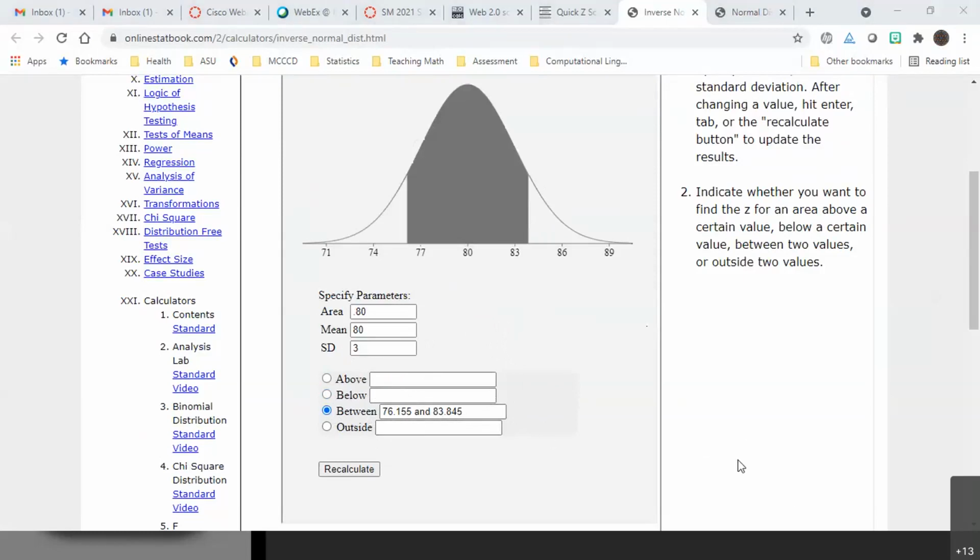So again, love the online inverse normal calculator because it's so much easier to use.